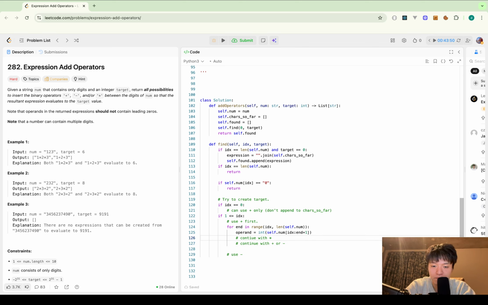Obviously, this is possible if n is not the end of the string yet.